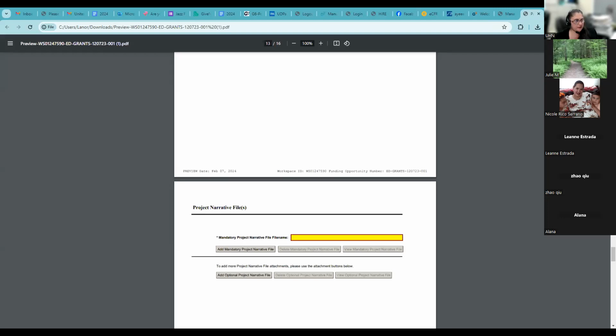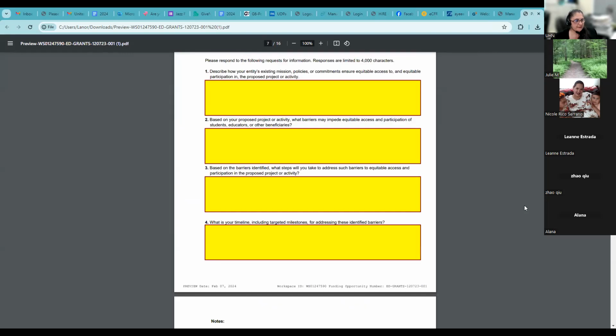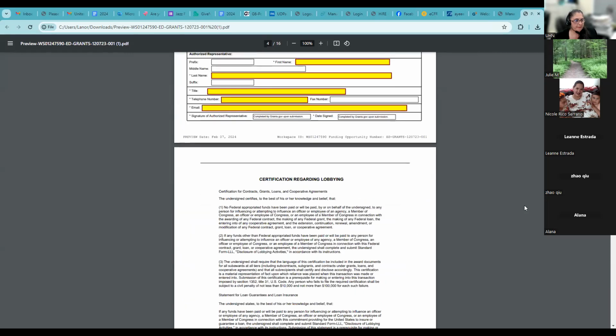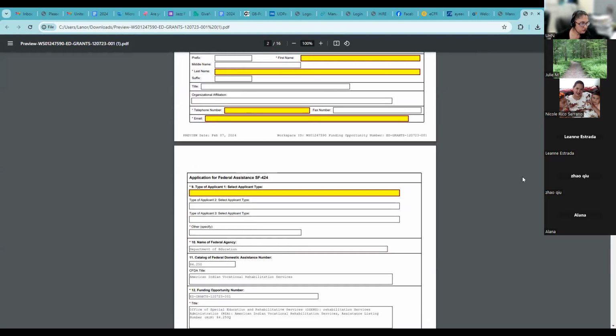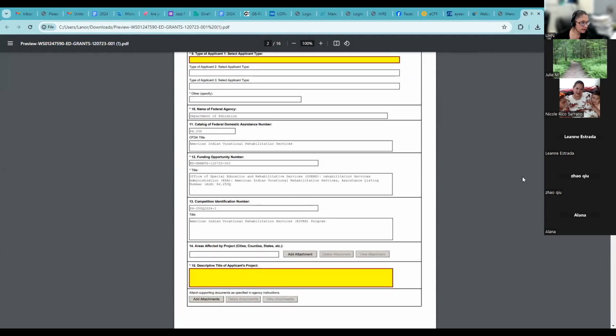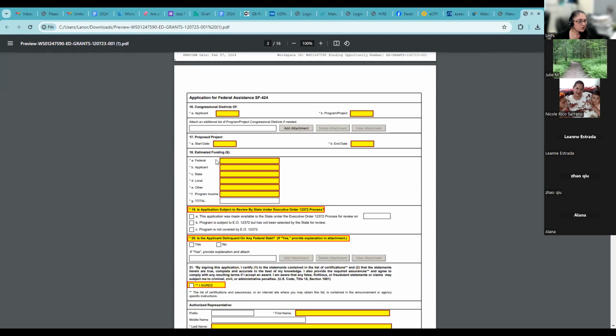Okay. Are you guys seeing the forms? Yes. Okay, good. So the SF424, when you get to page 3, is when you'll put in your federal and your match for your total.